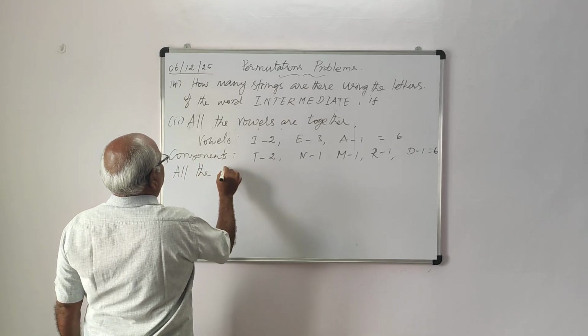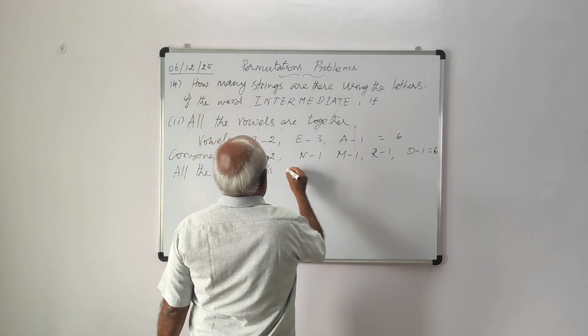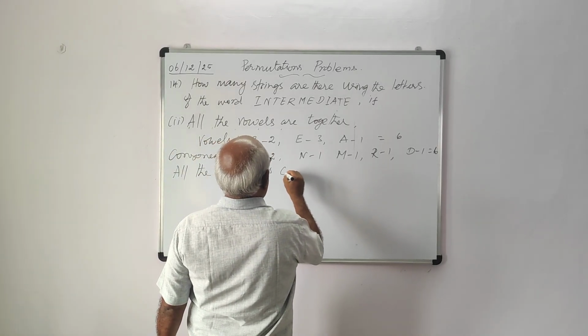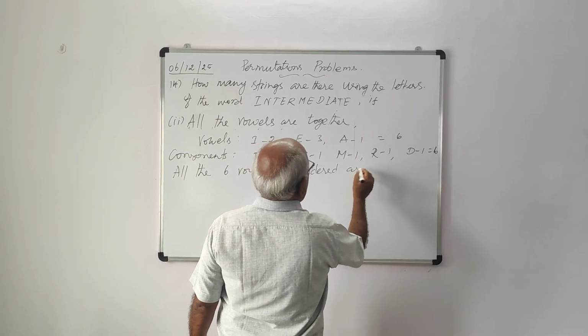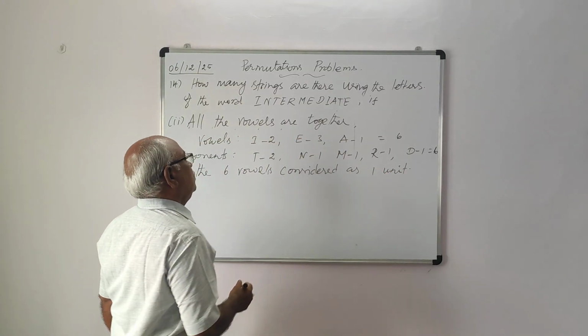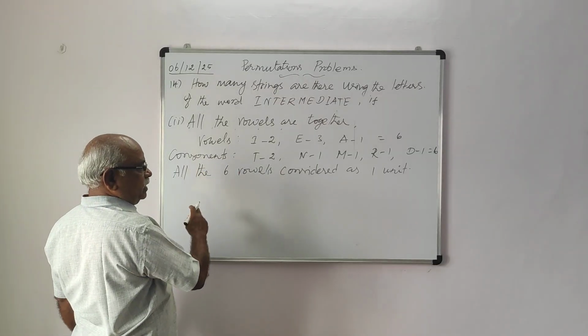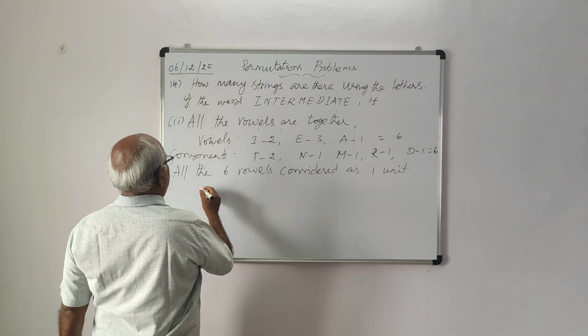All 6 vowels are considered as one unit. So, 6 consonant places plus all 6 vowels as one unit, totally 7 places.